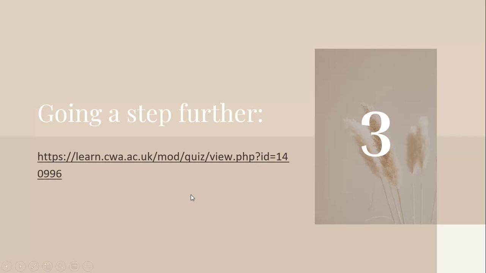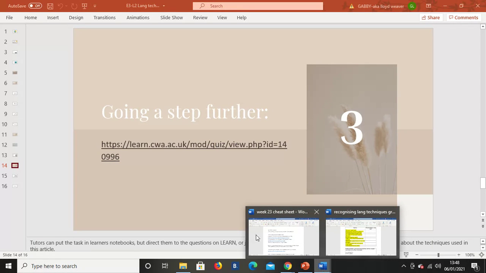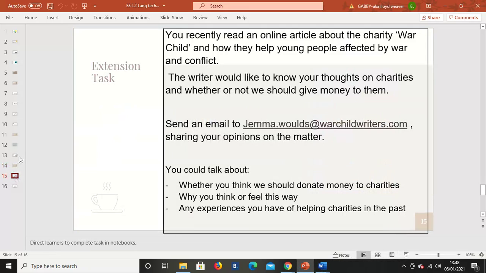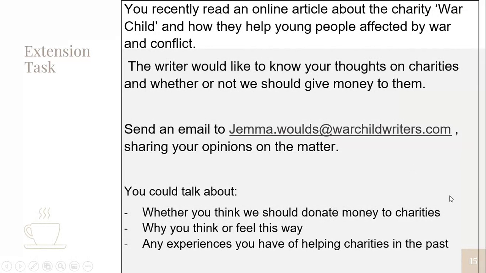Once you have completed that task, you will need to come back to this Learn folder. And in the Learn folder, you will find a task that says Writing Task. This is the writing task. Okay, so you recently read an online article about the charity War Child and how they help young people affected by war and conflict.